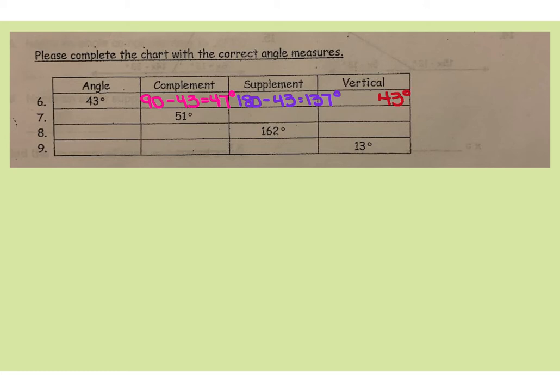Okay. The next one. They gave you the complement. What do you think you should find first? Find the original angle. If the complement is 51, how will you find the original angle?